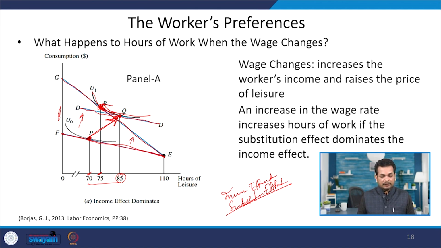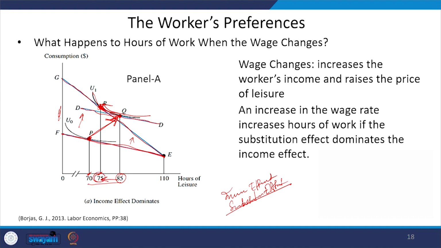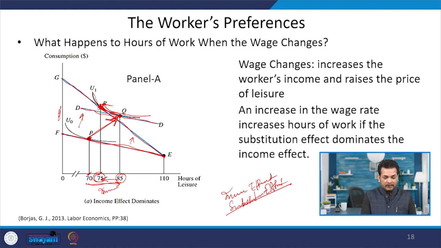Now, he finds that leisure is very expensive to substitute. Now, he moves towards this side and finds that he should consume 75 hours of leisure. So, moving from 70 to 85 is the income effect, and moving from 85 to 75 is the substitution effect.